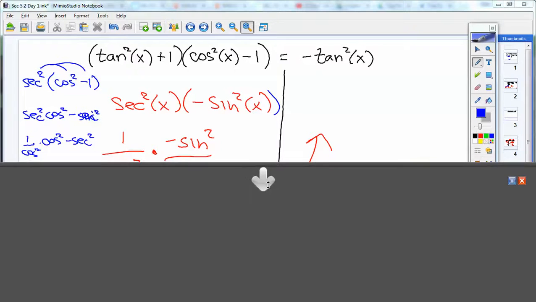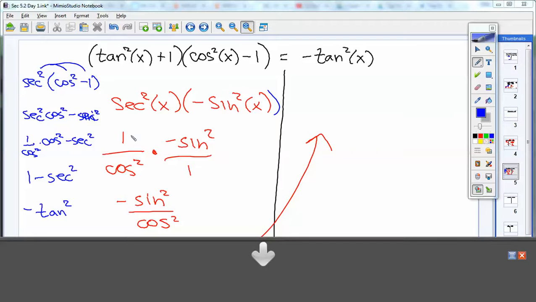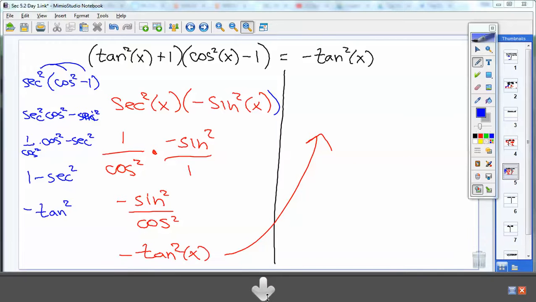So I kind of got two different tracks going here. If I stay with the red track, I can make that 1 over cosine squared times negative sine squared, and then just multiply those together. That's negative sine squared over cosine squared, which is negative tangent squared. So there it is. Or if I kept going with the blue track, secant squared times cosine squared, we said that was 1 minus secant squared.